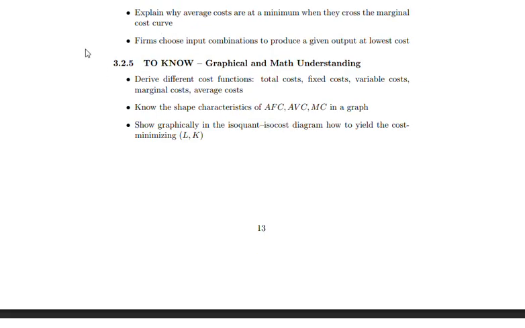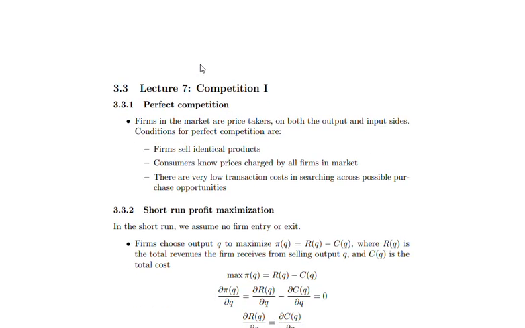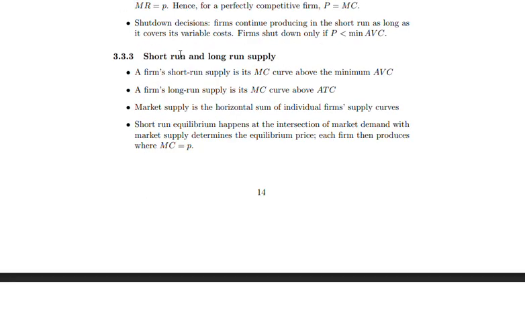Derive different cost functions: total cost, fixed cost, variable cost, marginal cost, and average cost. Know the shape characteristics of AFC, VC, MC in a graph. Show graphically in the isoquant-isocost diagram how to yield cost minimization.